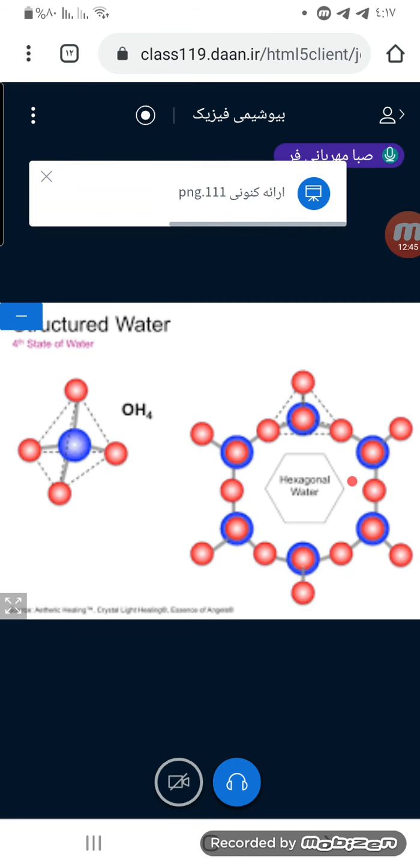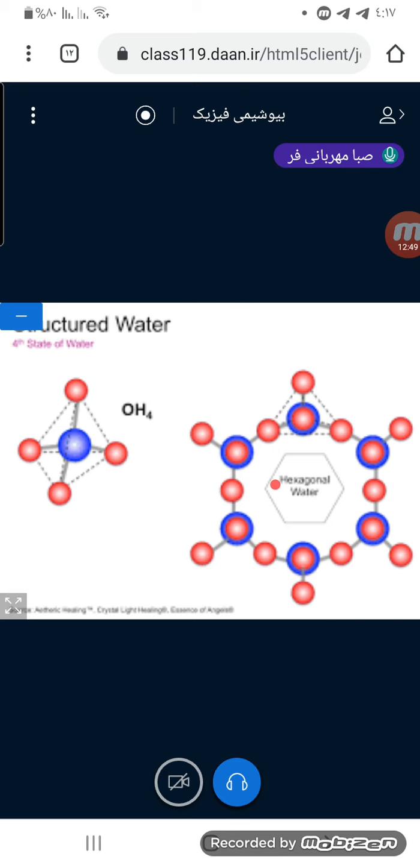This is the crystallized structure of water, okay? By using the technique of crystallization, you can have the crystallized structure of any molecule.